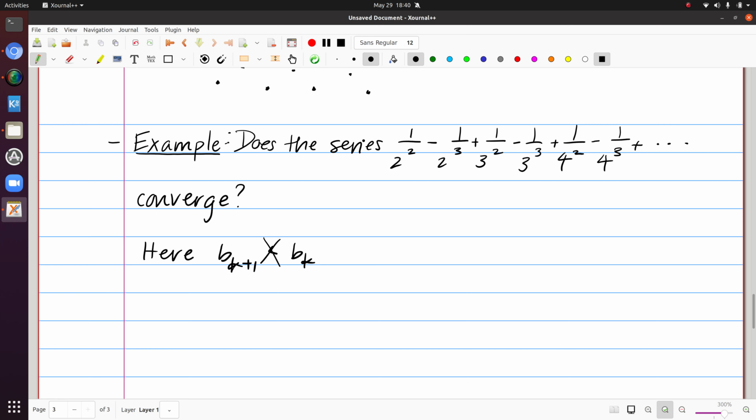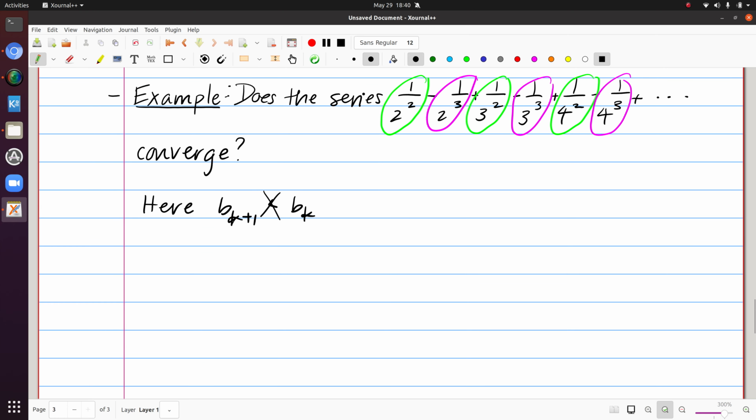Well, we can still try to work on whether or not this series converges, even in this case where AST doesn't apply. In particular, notice that you could focus on the squared terms, which seem to all be positive, separate from the cubed terms, which all seem to be negative.